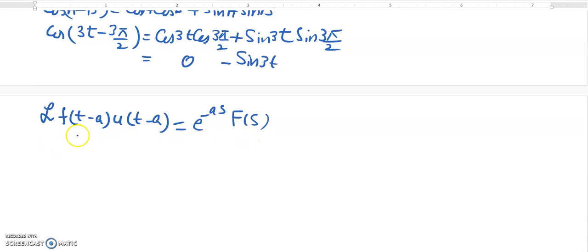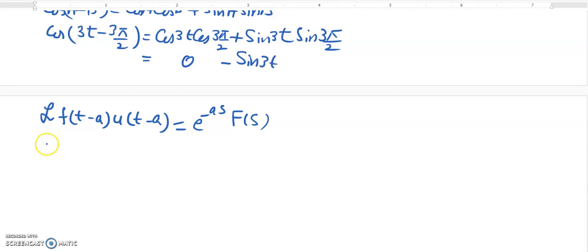Application of this t shifting theorem in this form is a little bit tedious, because every time we have to convert this f function, which is in the form of t, to f in the form of t minus a. If somehow we don't have to convert this function to the form of t minus a, then it will give us a very good alternative for solving the problems rather easily.